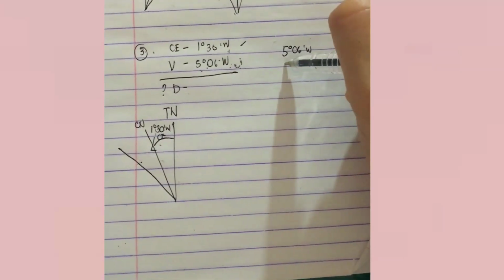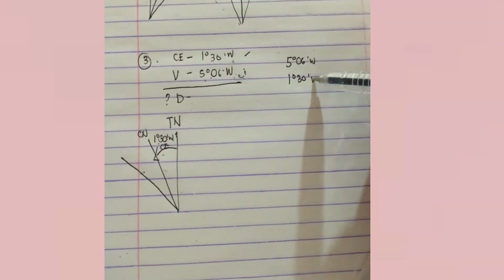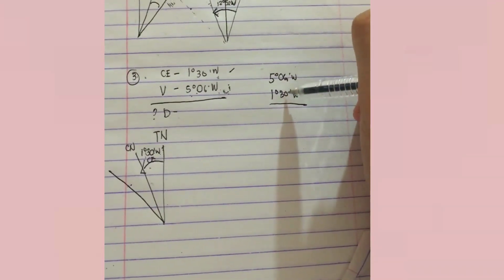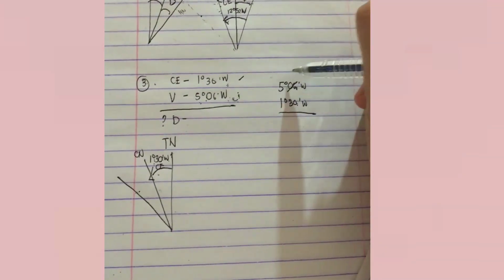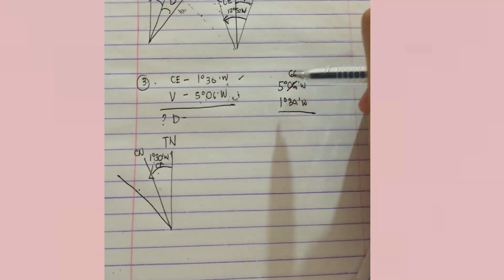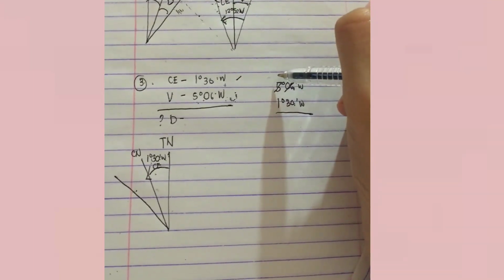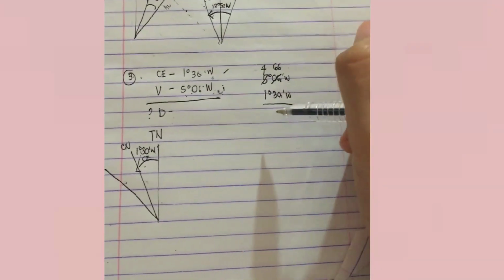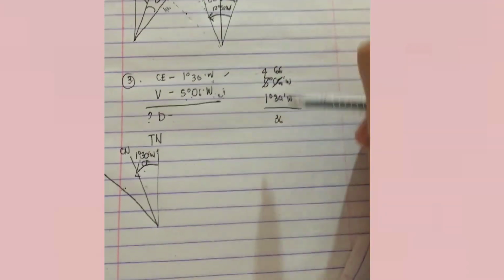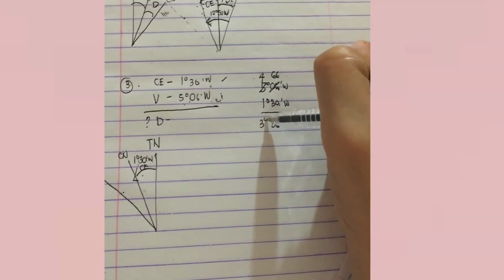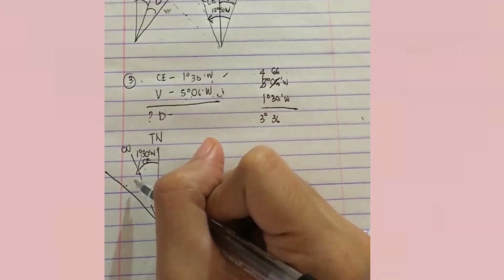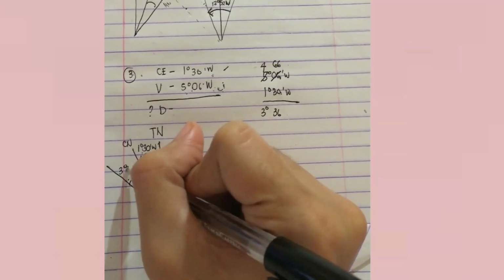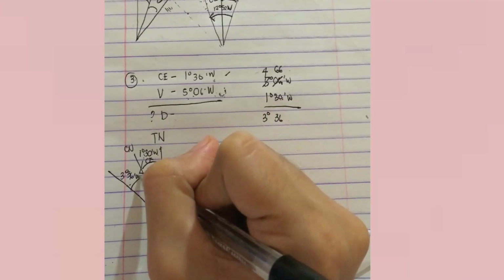Since 6 is lesser than 30, we can add 60 minutes. So this will be 66 and this will be minus 1 degree, 4. So 66 minus 30 is 36, and this will be 3 degrees and 36 minutes west. So we will add 3 degrees and 36 minutes west.